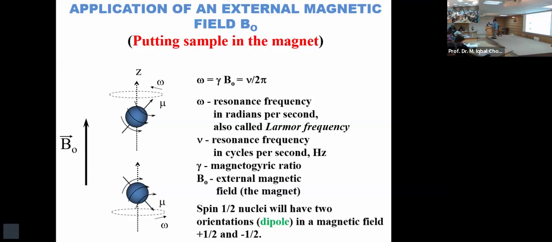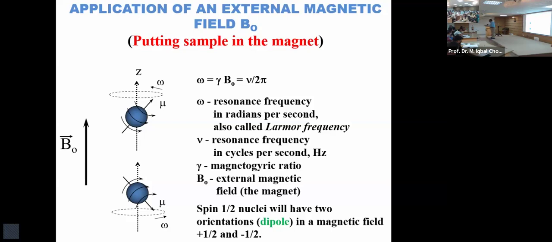As a result, the precession frequency would be different, and they would absorb radio frequency differently. As a result, you will see a different signal. This is the key of NMR spectroscopy. We will be repeating that again, so you don't need to worry about it.